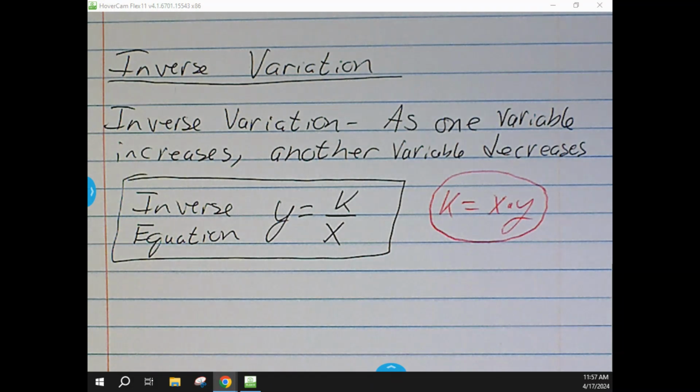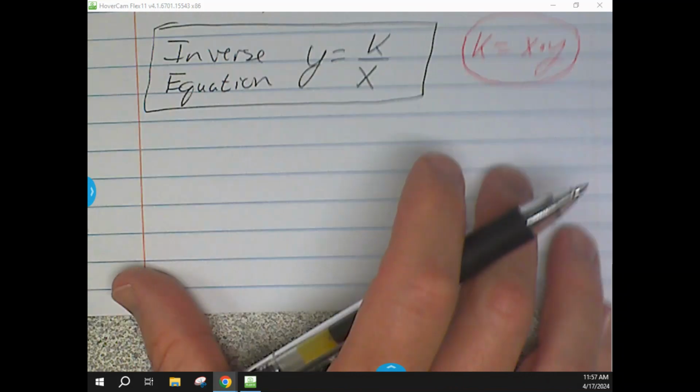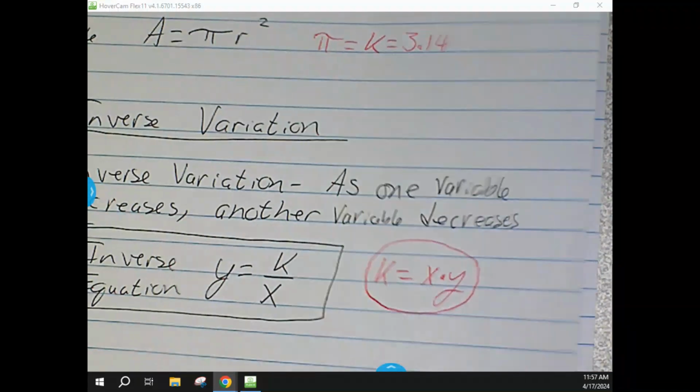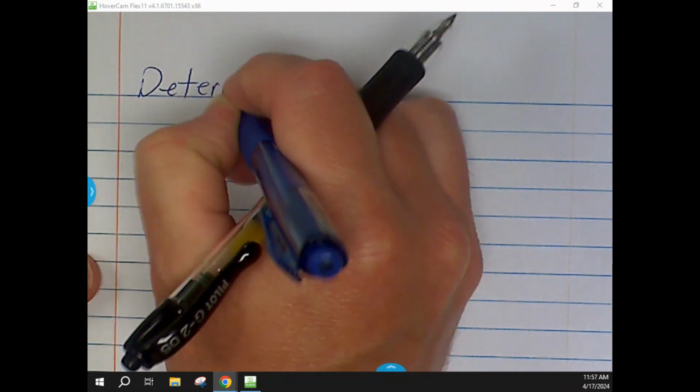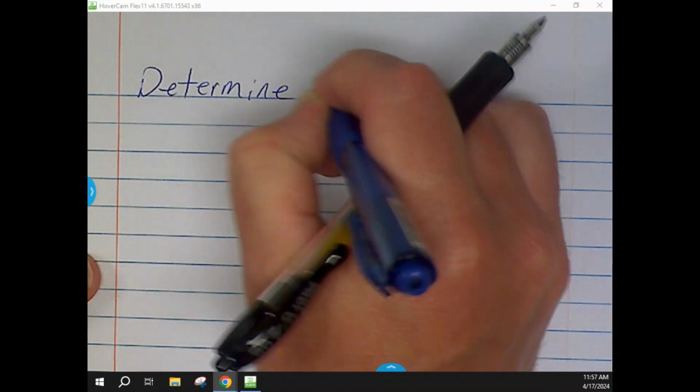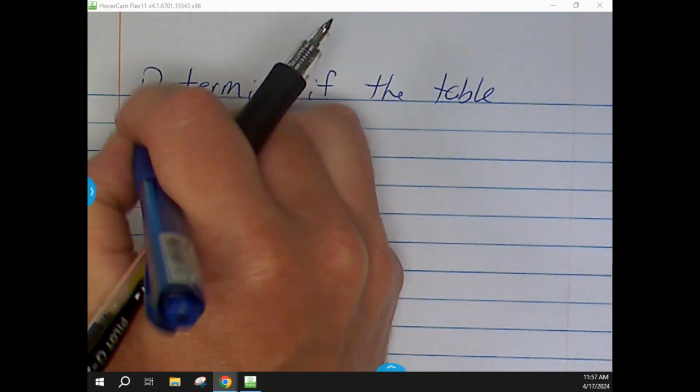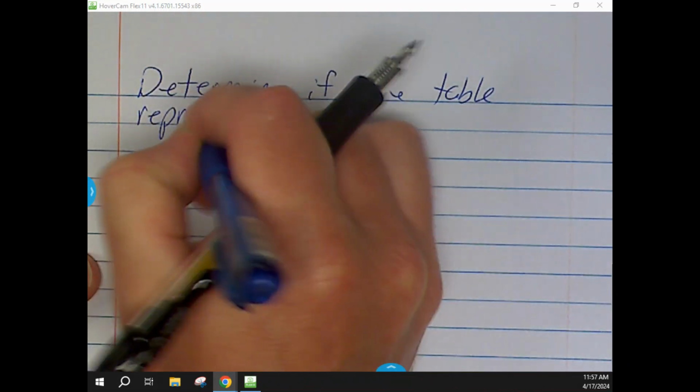So what's going to happen is that some of these problems are going to have a table of values, and we're going to basically do this. Let me start on another page here. We'll just say it this way.